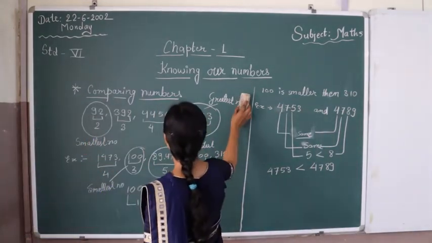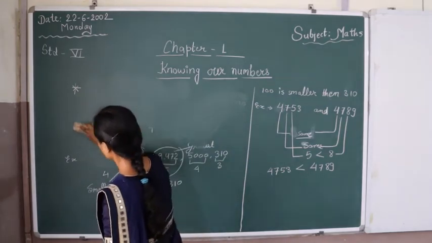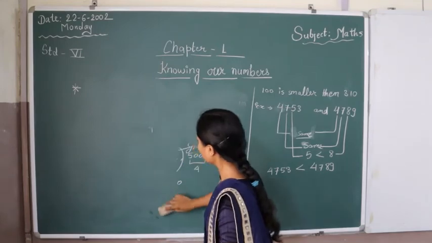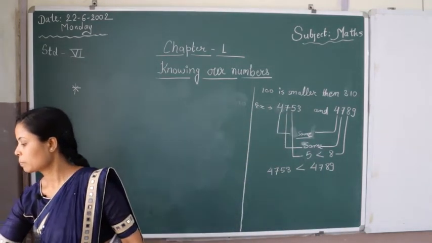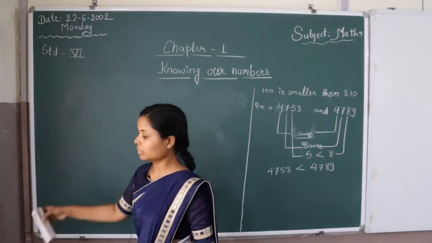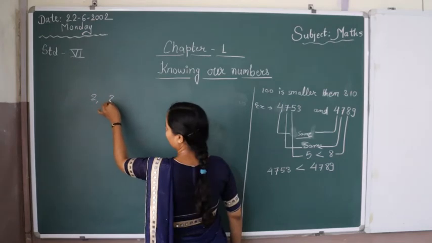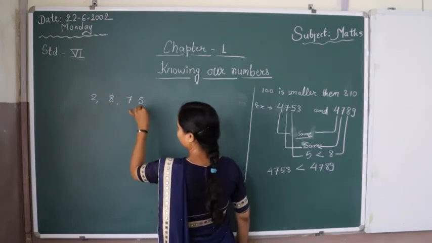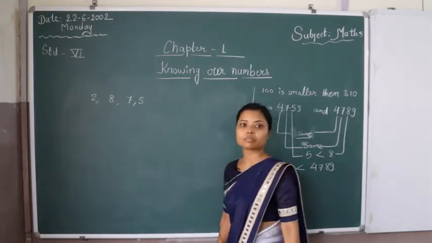For our next topic, we will take some digits. Suppose we have the digits 2, 8, 7 and 5.